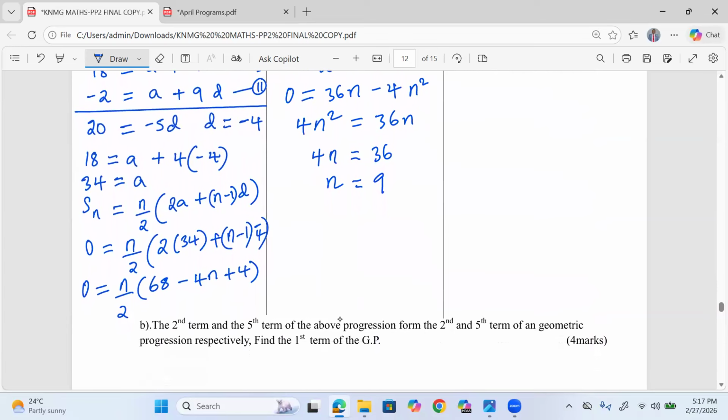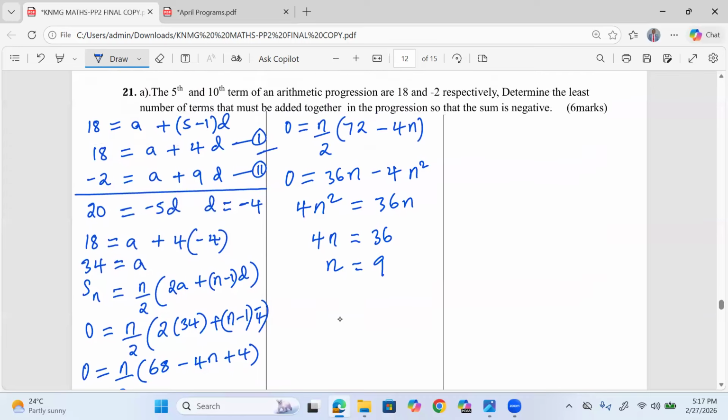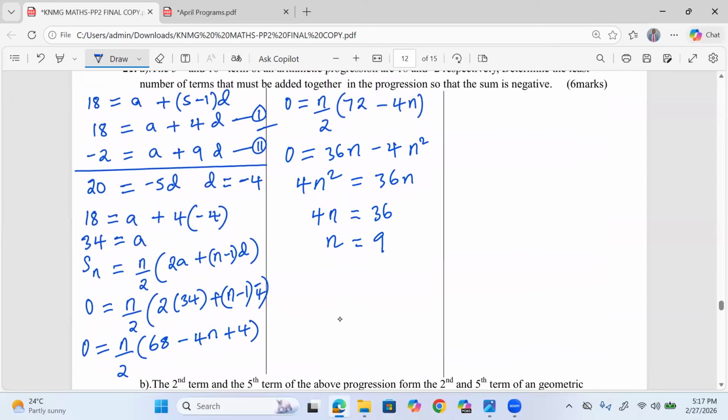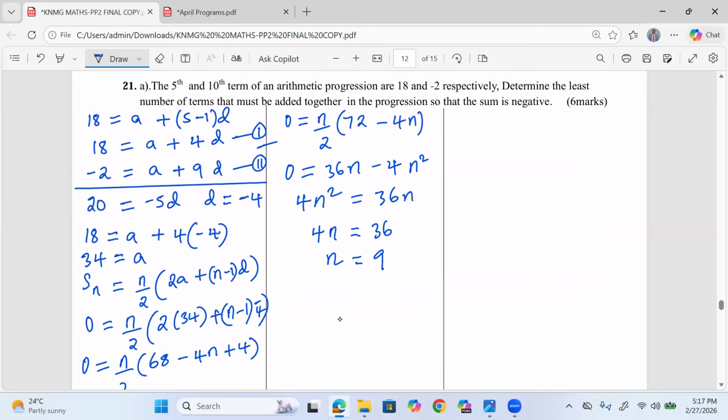Now, if the value of n is 9, just allow me a minute. Okay, we are opening the brackets at this point. Let's take it slowly.